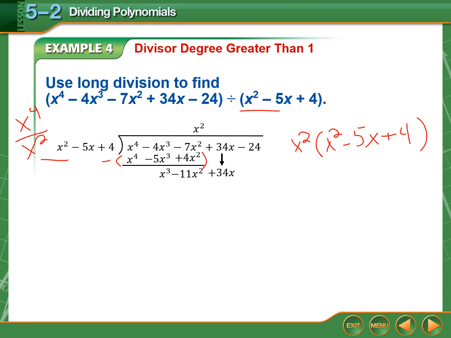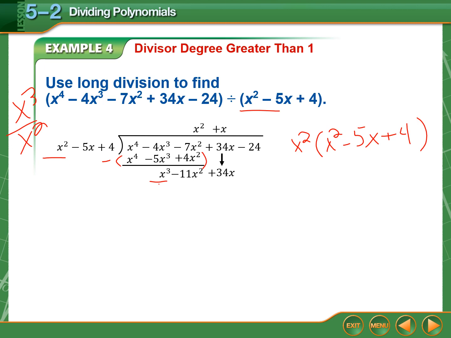Now, again, I have to look at this first term and this term together. I'm going to erase some work so I have some place to work. What I have to deal with now is these two being divided into each other: x cubed divided by x squared. That's an x. In my head, x to the 2nd power times x will give me back that x to the 3rd.